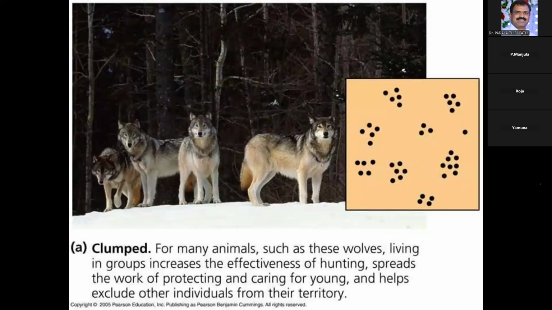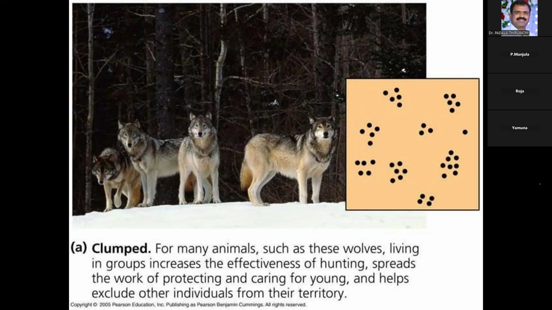For example, many animals, such as these wolves, generally live in groups, which increases the effectiveness of hunting. This dispersion mainly helps animals to live together, increasing the effectiveness of hunting.